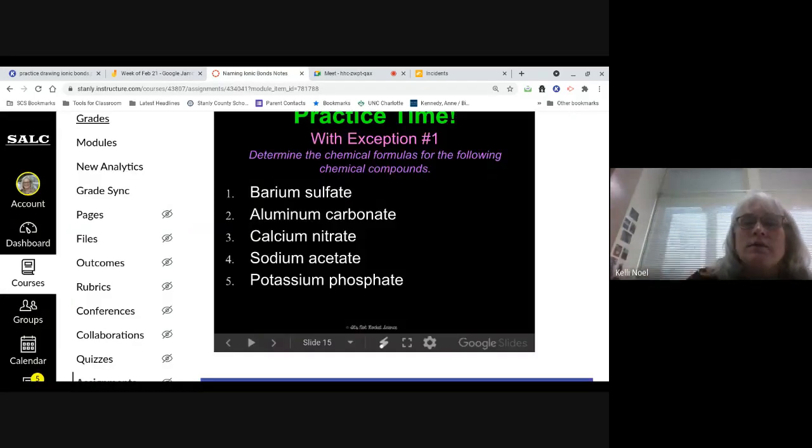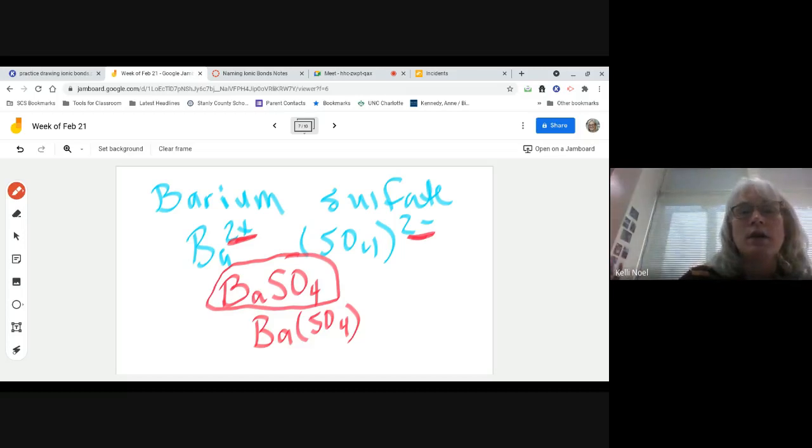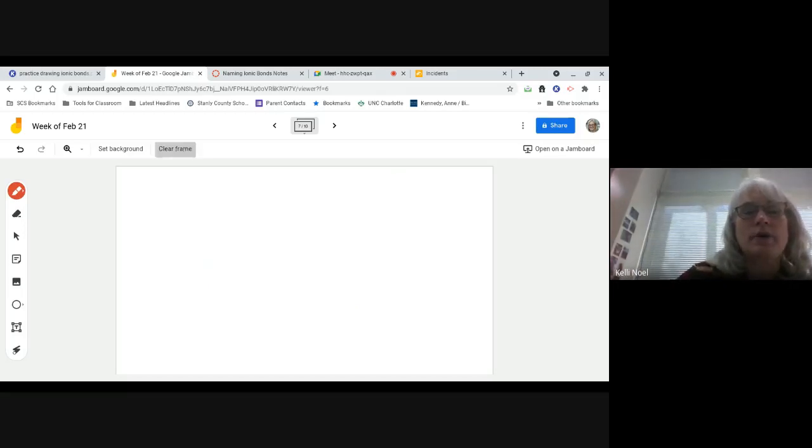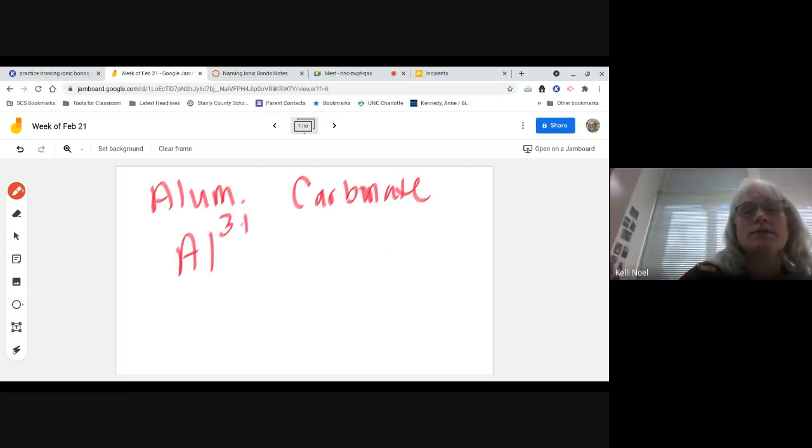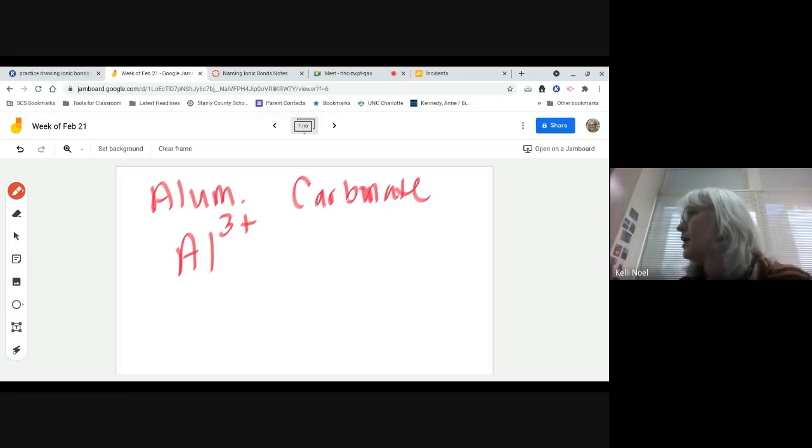So let's go back here. So barium sulfate. All right, aluminum carbonate. So I'm going to go over here and clear my frame. Aluminum carbonate. I know aluminum is Al3 plus. Carbonate, I'm going to look on my polyatomic ion chart and find it.